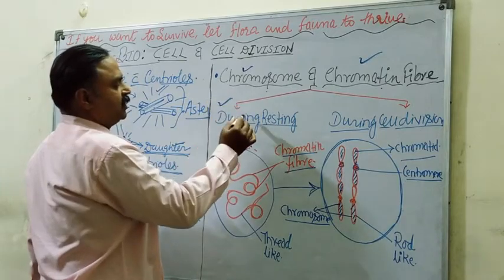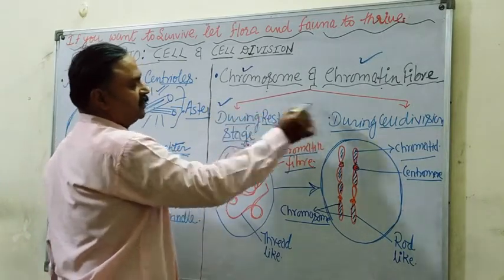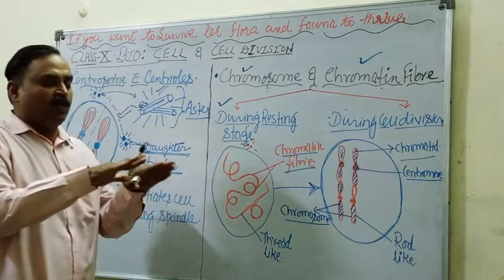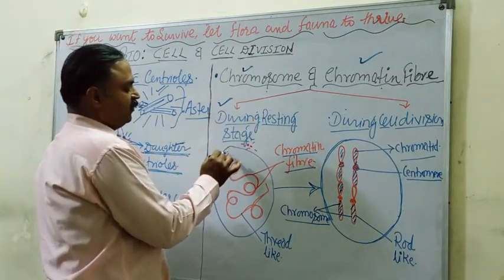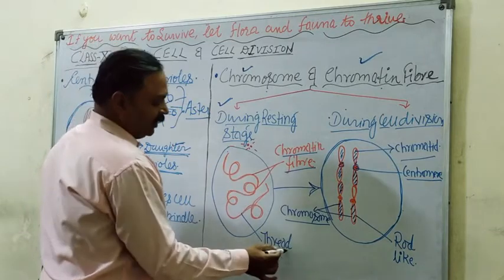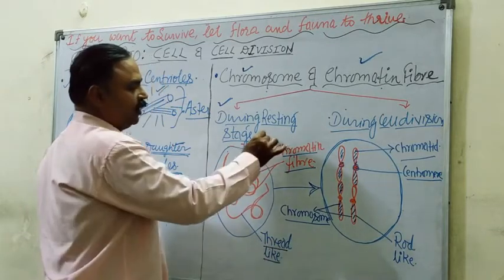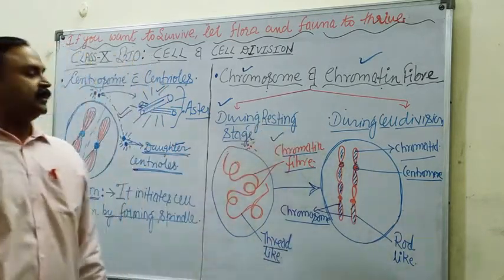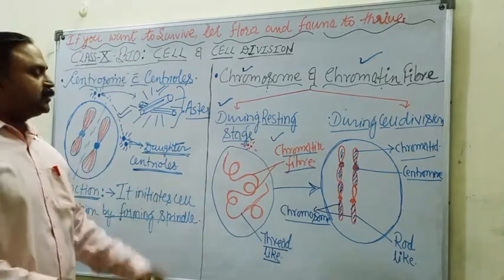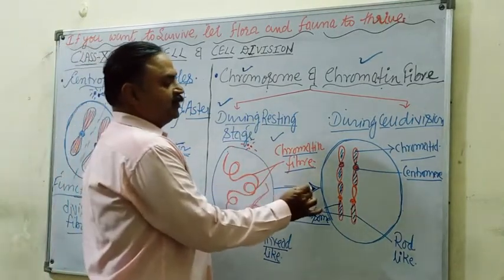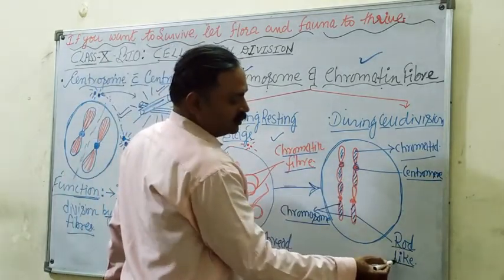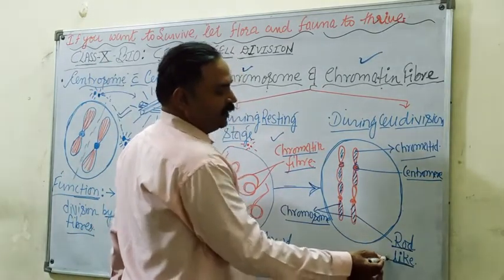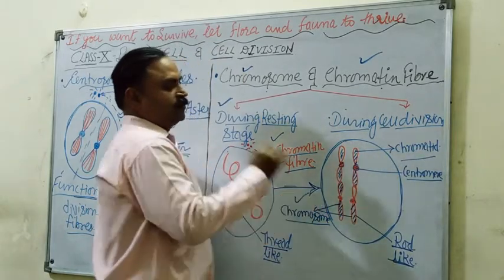During cell division and during the resting stage, these differences can be observed. During the resting stage, the chromosome is in the form of a thread-like structure called chromatin fiber. But as soon as the cell starts dividing, during cell division it becomes rod or ribbon-like, called chromosome.